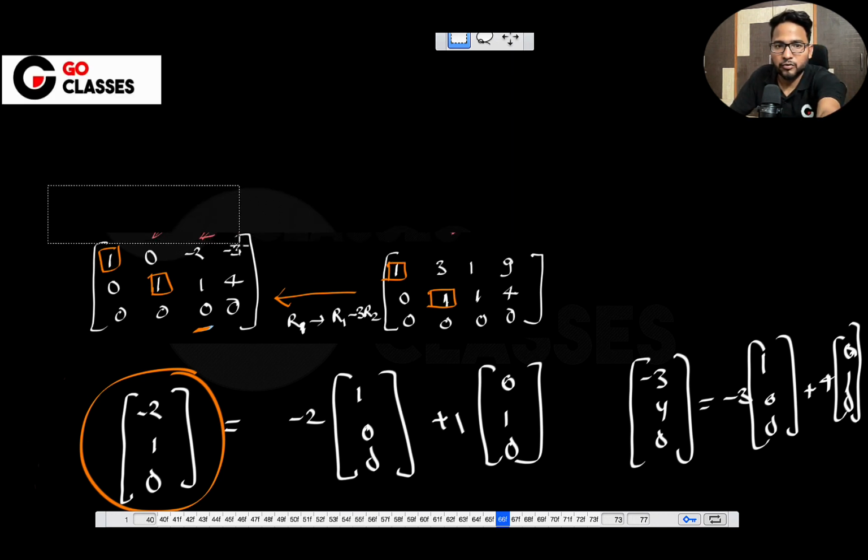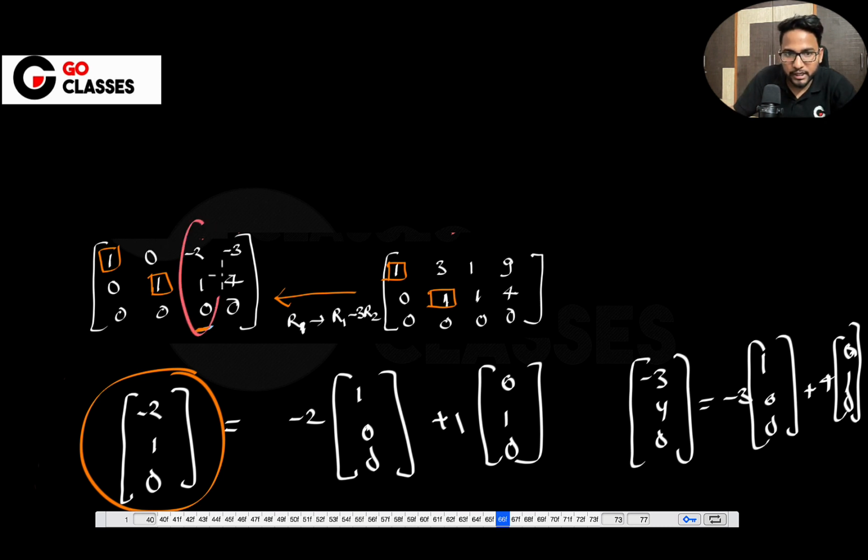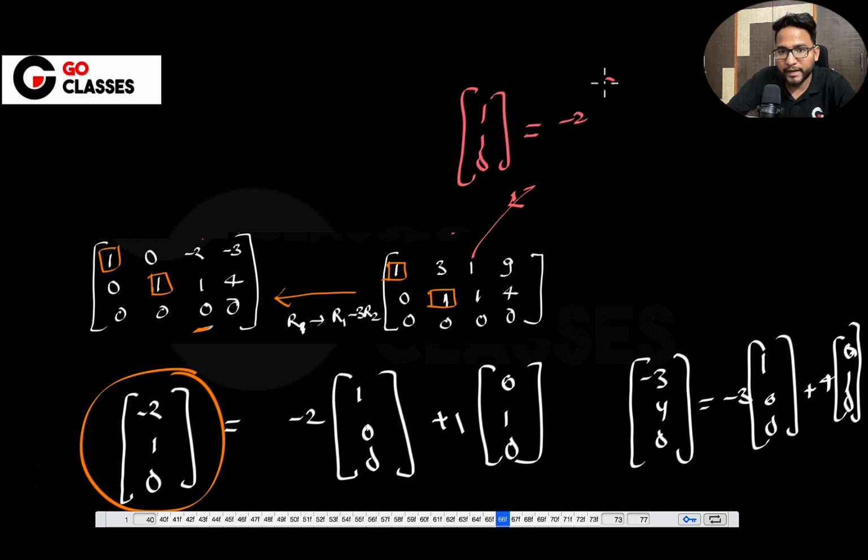Let me just remove all of this. What I mean to say is that if this vector is minus 2 into the first vector and plus 1 into the second vector, then similarly this vector also, because the linear dependency between the columns holds, which means 1 1 0 can also be represented as minus 2 times 1 0 0 plus 1 times 3 1 0.